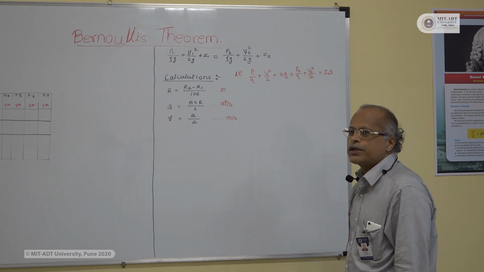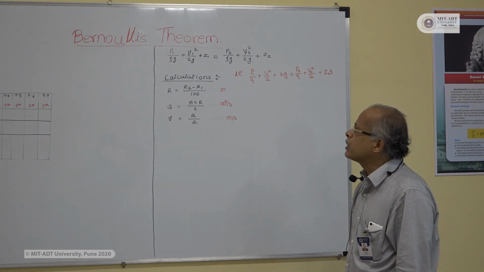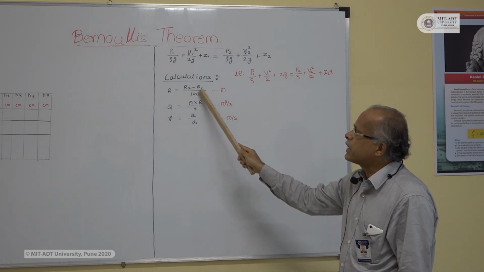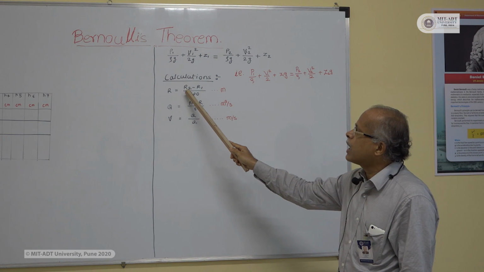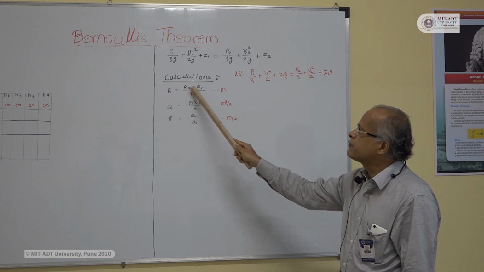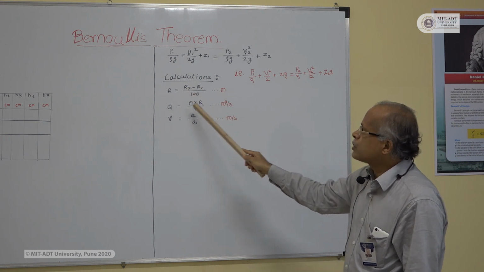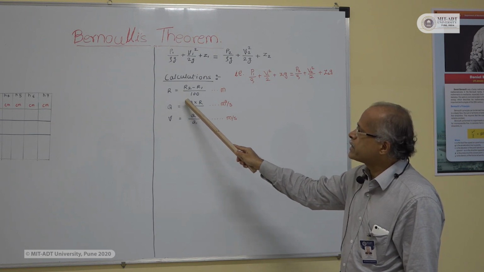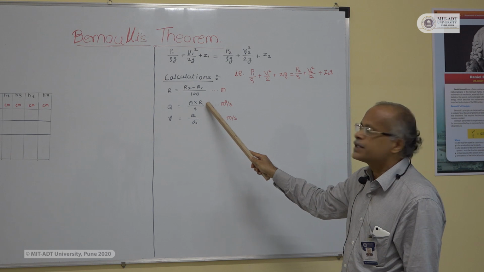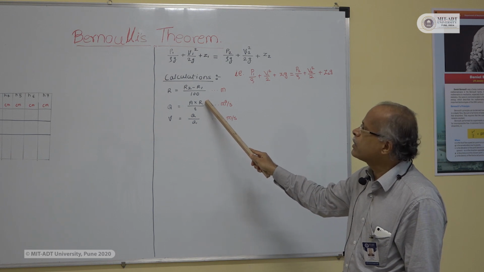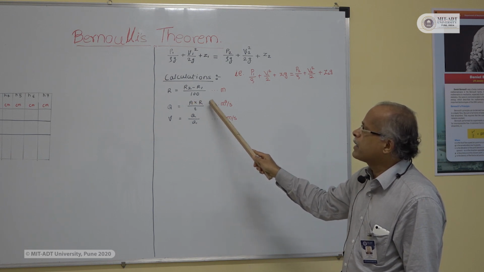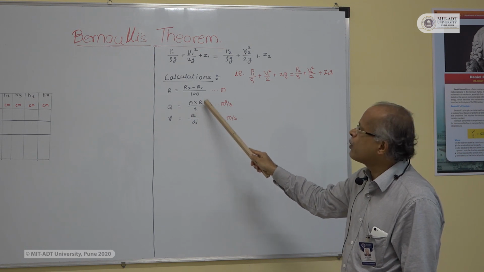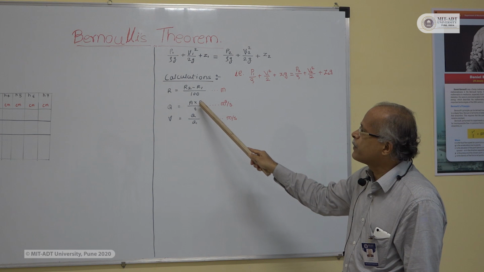For the calculations, we are using a rectangular measuring tank. The level difference in the rectangular measuring tank, R1 and R2, we can measure in meters. The cross sectional area of the rectangular tank is known. That cross sectional area multiplied by the change in height of liquid in the tank gives volume in meter cube, and we can measure the time required for this level difference.